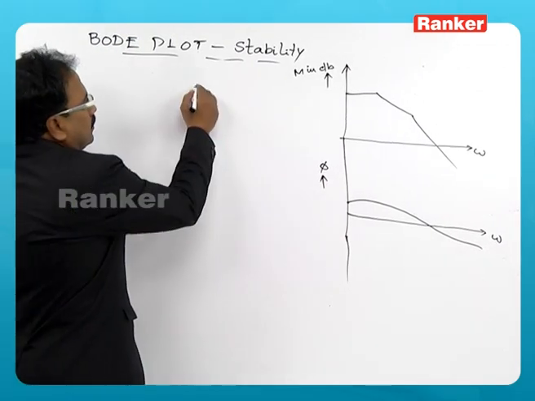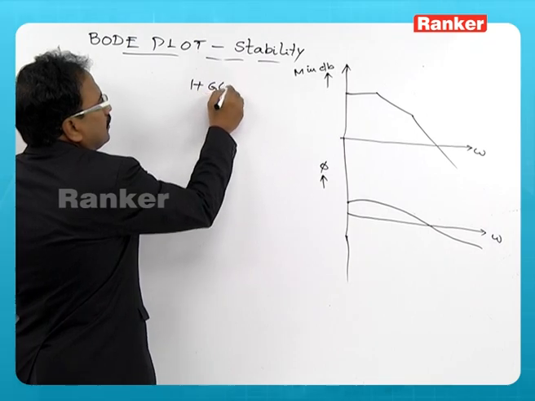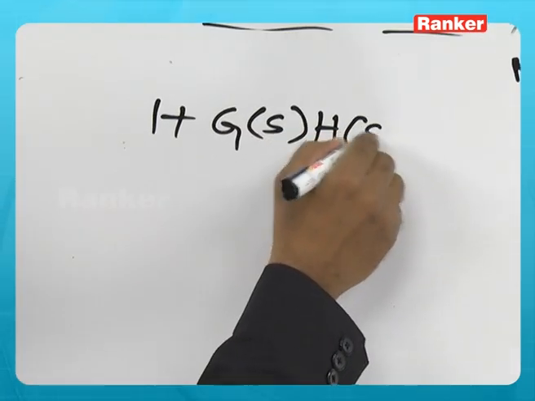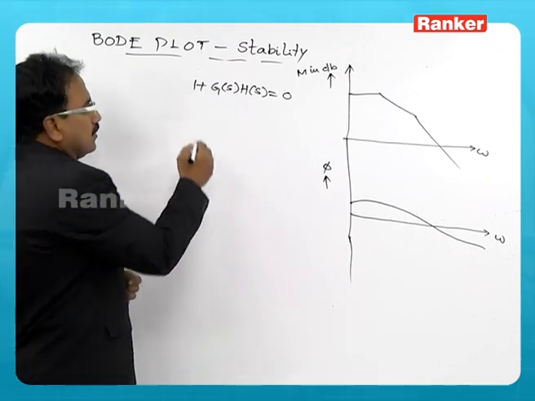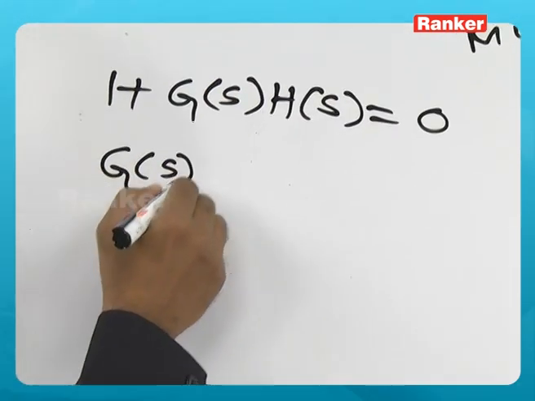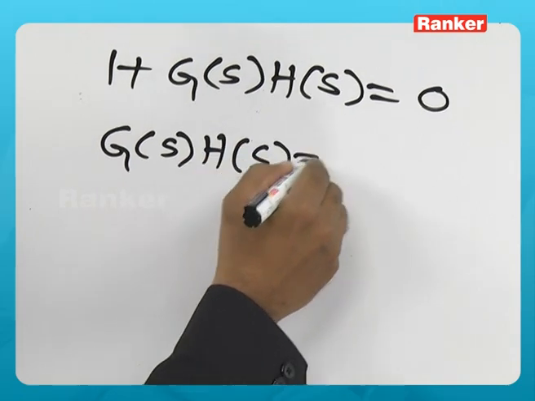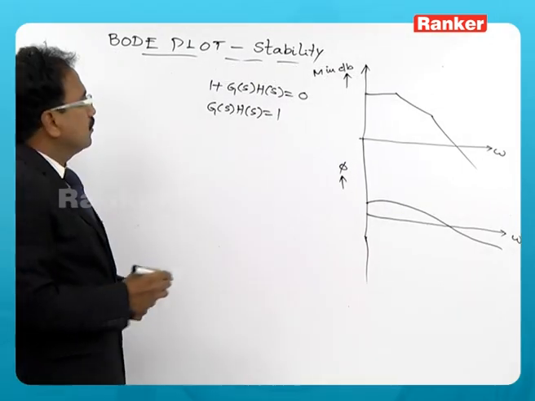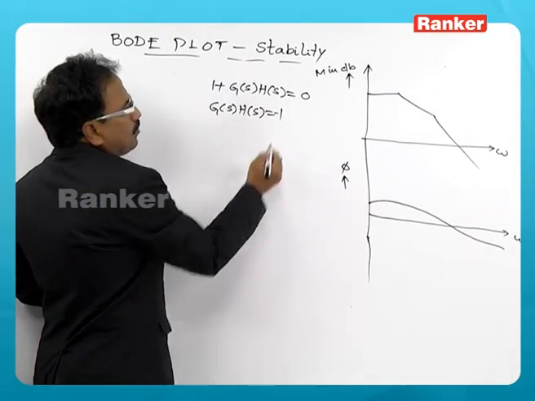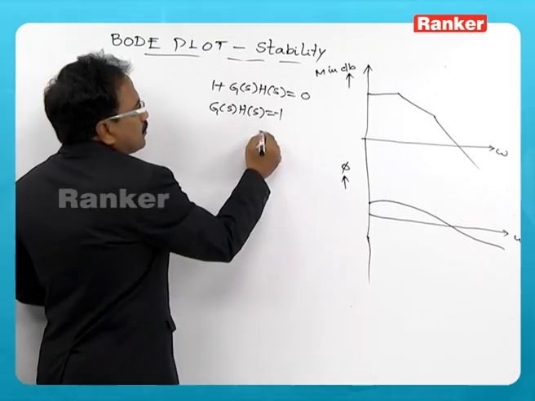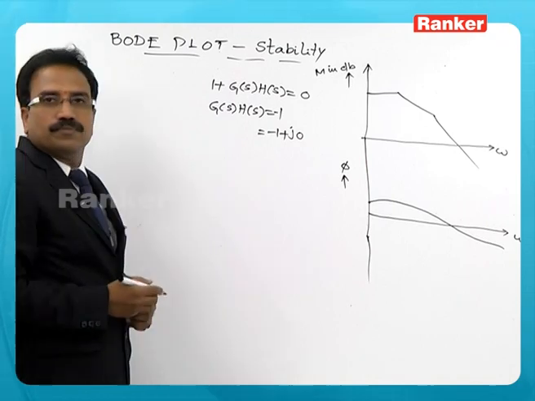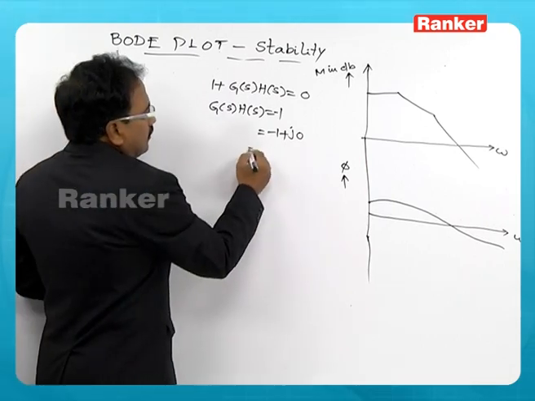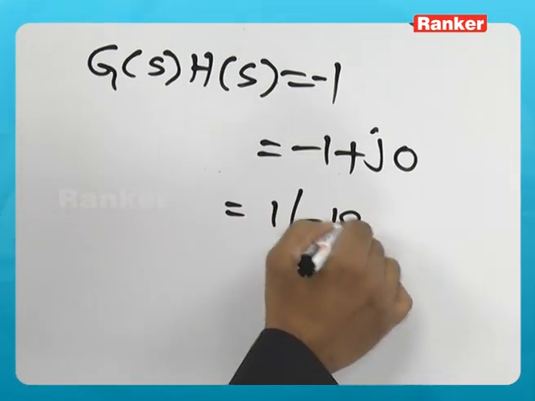So, the characteristic equation is given by this. From this, the loop transfer function G(s)H(s) is equal to minus 1. This minus 1 can be written as minus 1 plus j0, or this can be 1 at an angle of minus 180.